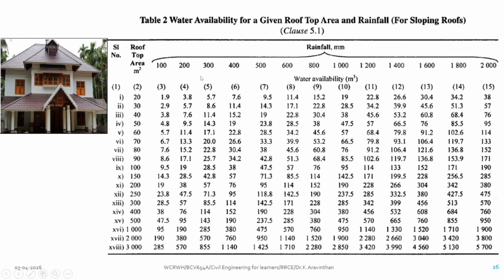In the same way, if you have a sloped roof similar to this, you can use table 2. When I am solving the problem, I will discuss in detail how to calculate the area for a sloped roof. Note that there is a slight difference in area when you are calculating.